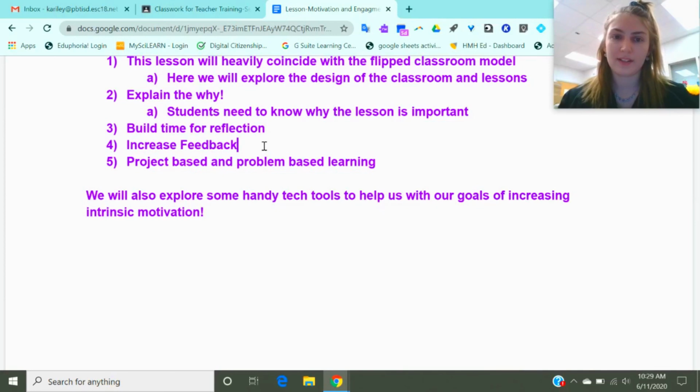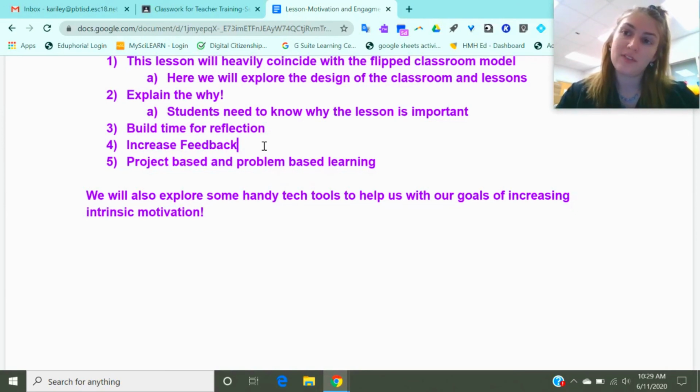And increase feedback. This is a big one, just because from what I've talked about with the traditional class, you don't get the feedback till after you've gotten the grade, and by then it's too late. So some of the students might be thinking, okay, what's the point? I didn't understand it. Now we have to move on.